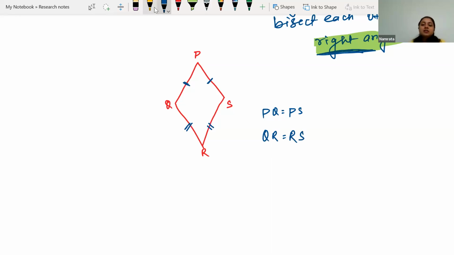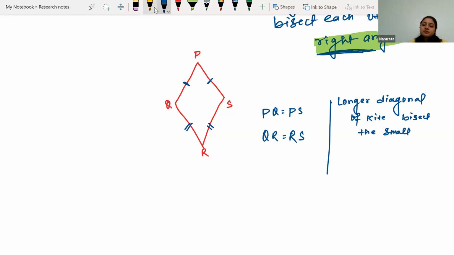Here the longer diagonal of the kite bisects the smaller diagonal. What does that mean? Are both the diagonals bisecting each other? No. Both the diagonals are not going to cut each other in equal parts.